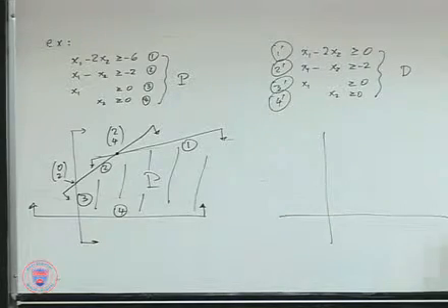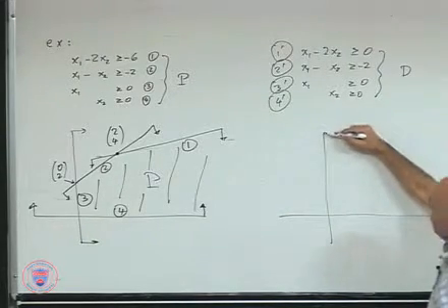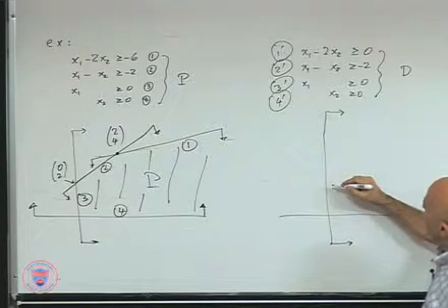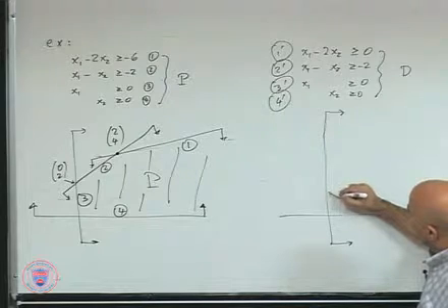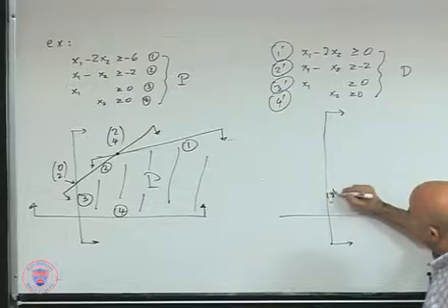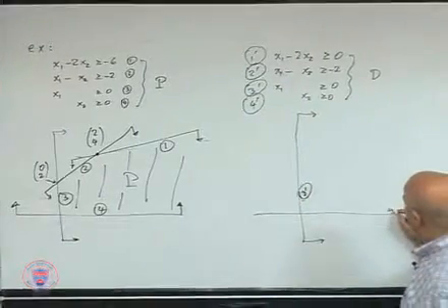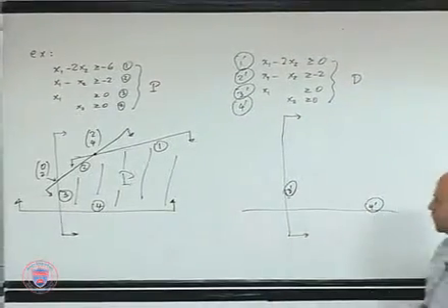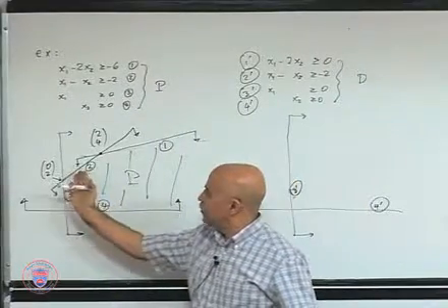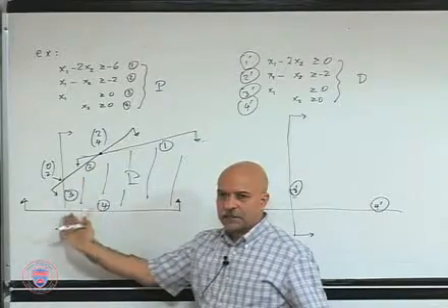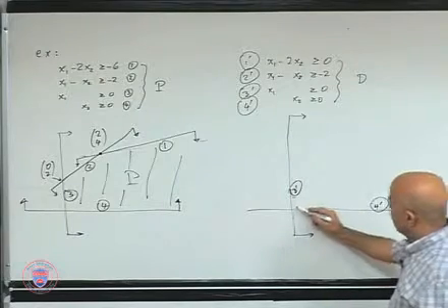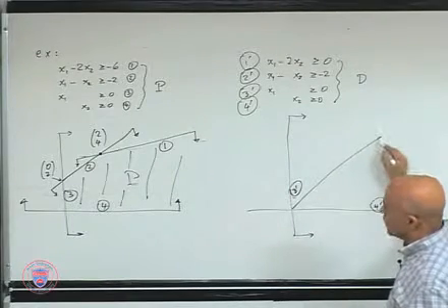So again, if you plot them in the 2-dimensional space, you have 3 prime, which is this one. That's your 3 prime. Number 4 prime is this one. 2 prime is obtained by moving number 2 parallel to itself until it passes through the origin. So it will look something like this.